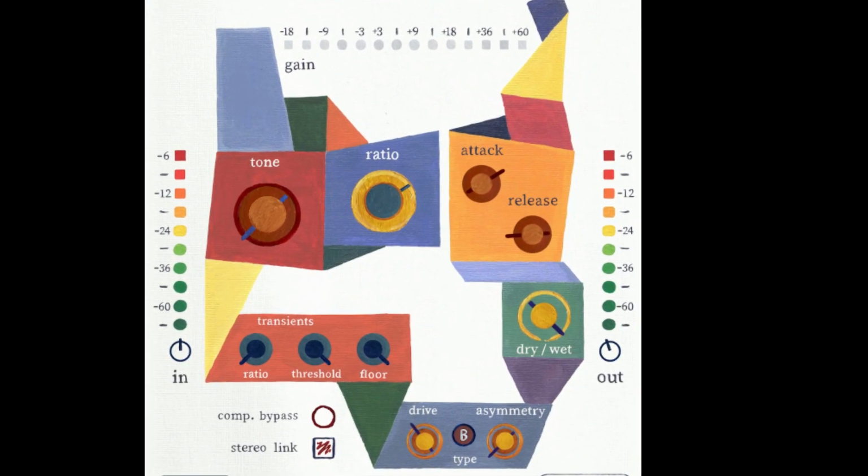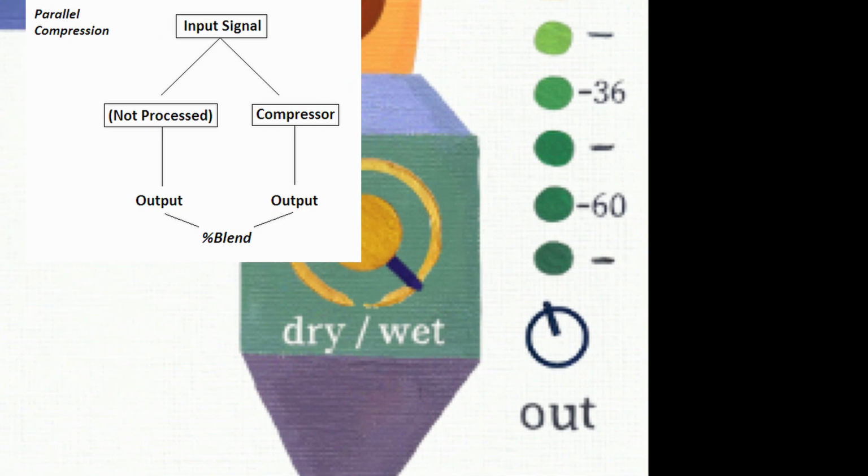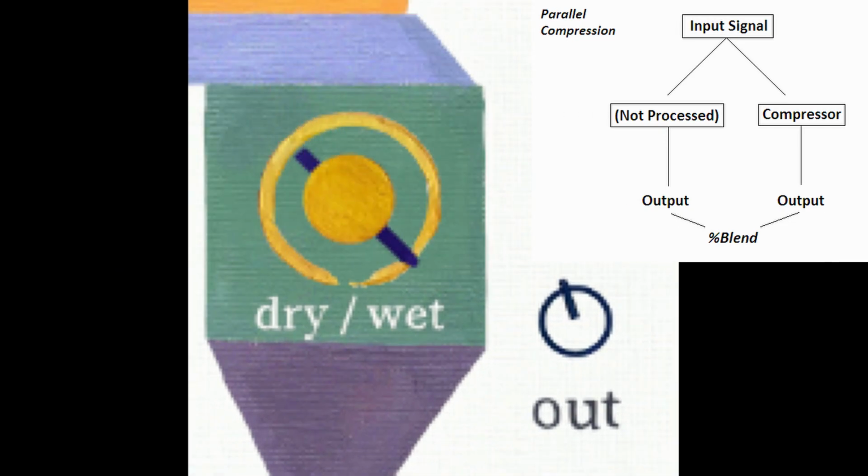Useful for the mix bus, but also for individual and subgroup buses, is the wet-dry control. Blending the original signal path with the processed compression is something I wish all compressors had, software and hardware.